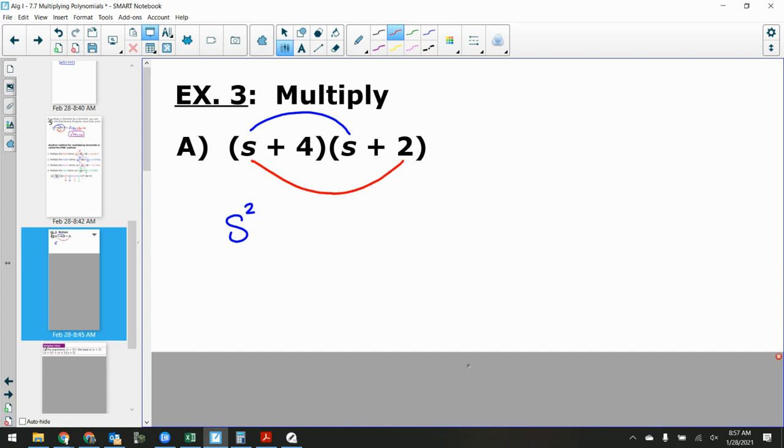What's S times 2? 2S. My inners. 4 and S. What's that? 4S. And here's my last. 4 and 2. 8.